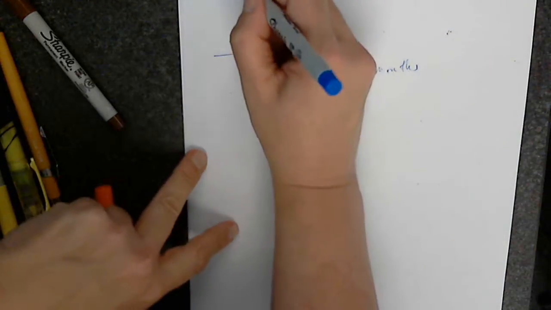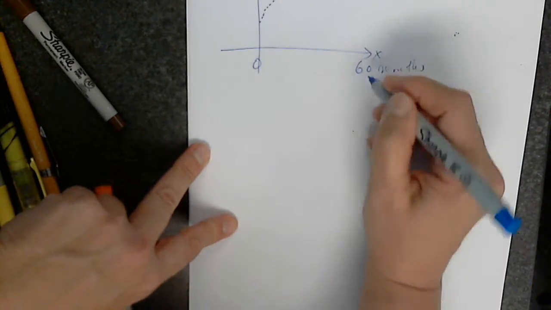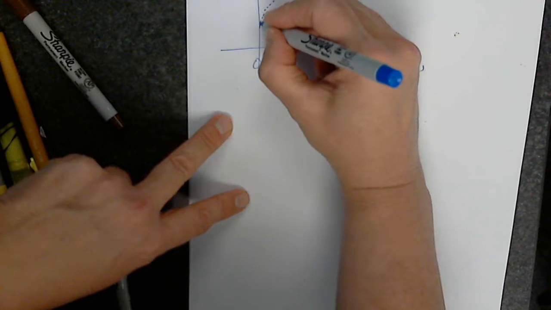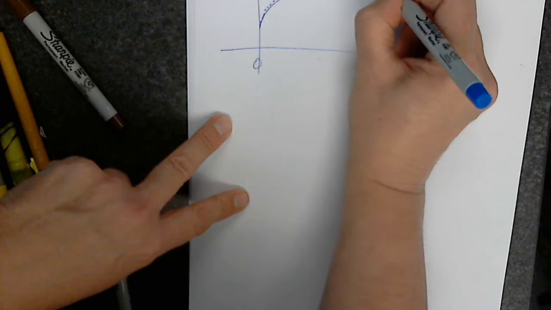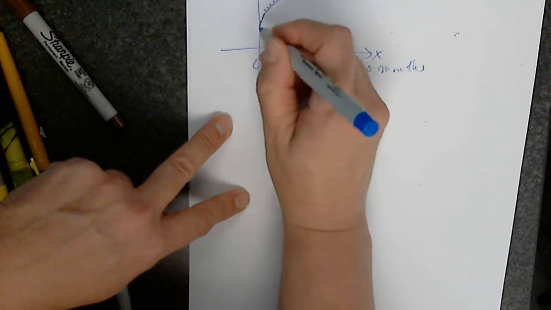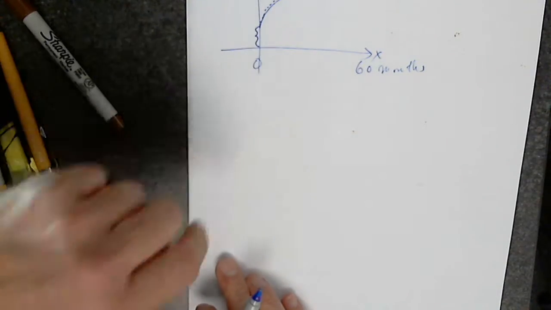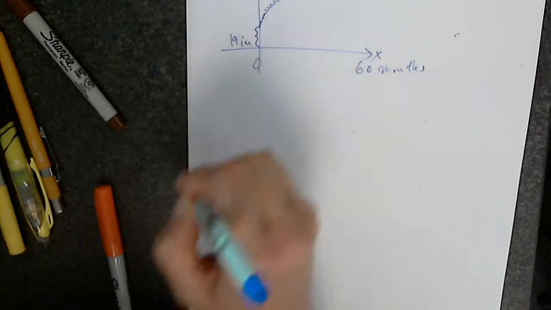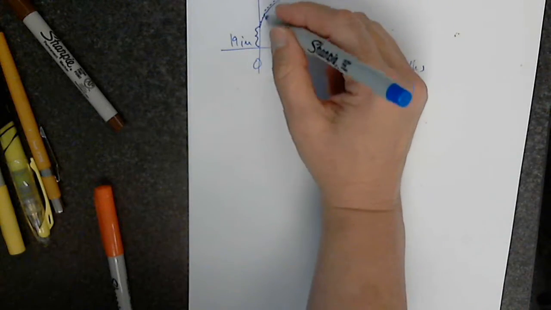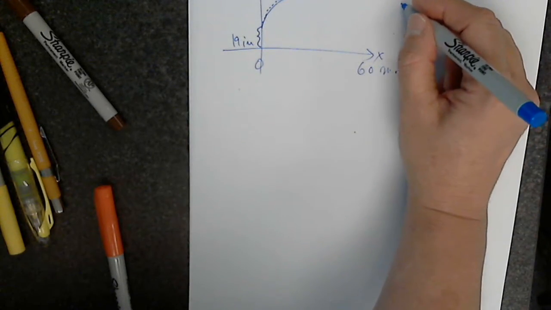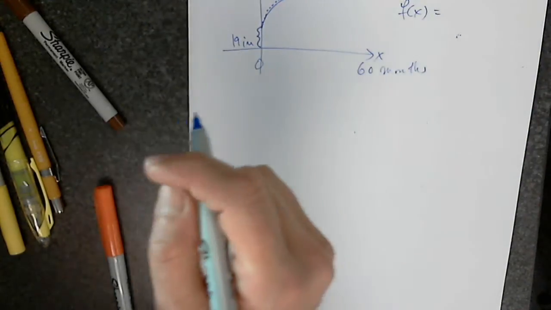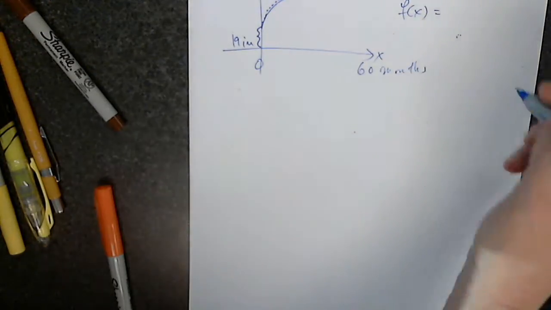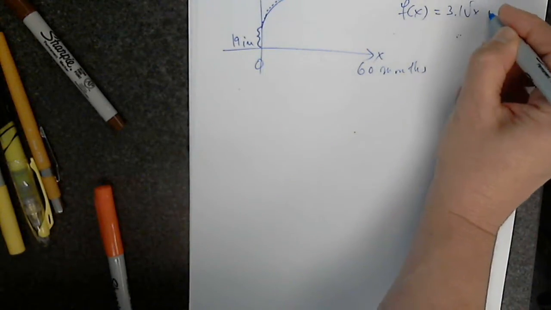And a mathematician came along and said, oh, I know. This is a square root function. So they measured this, which is a starting point, and they said, oh, it's 19 inches. So then through the model, they came up with a function, and they gave it to us: 3.1 the square root of x plus 19.